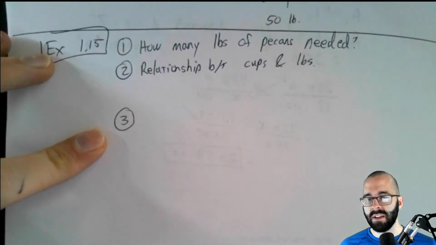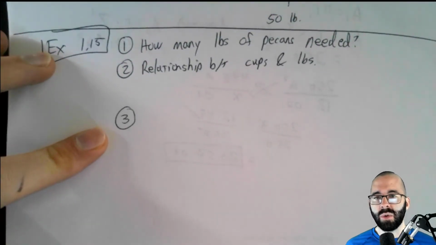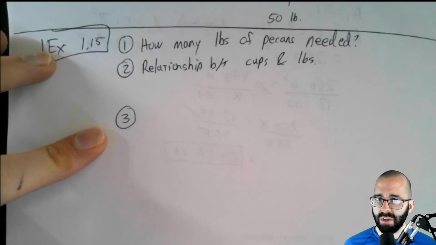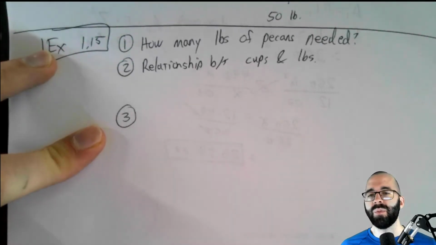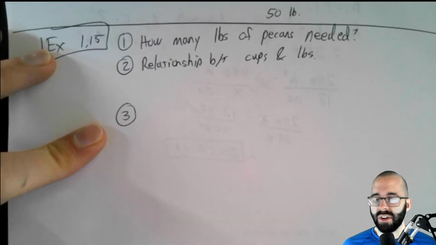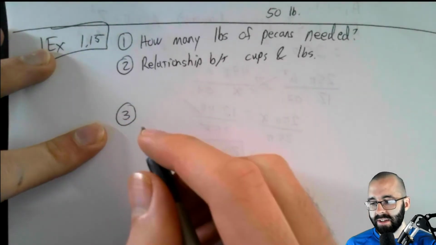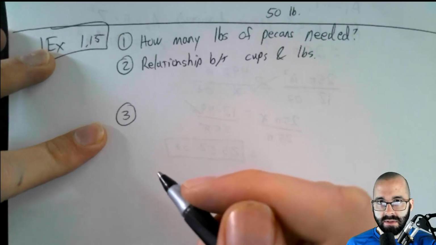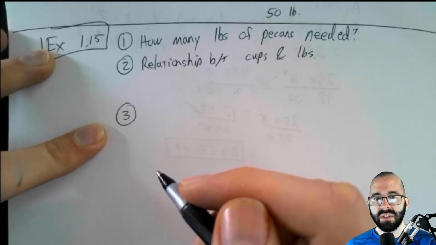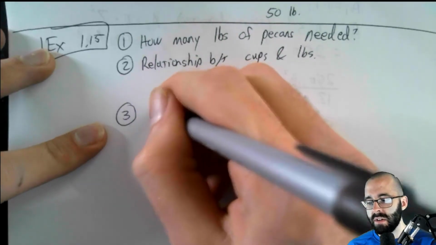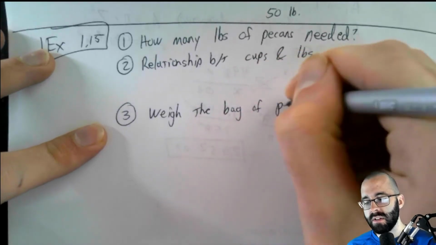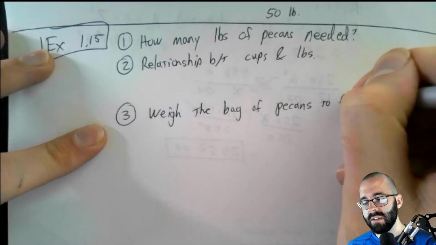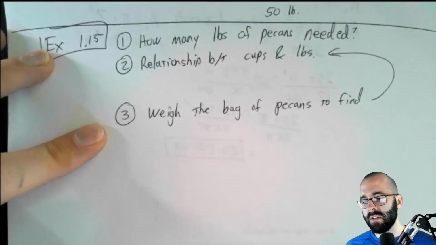Step 3, continue working backwards, creating a solution pathway. We need to figure out what steps we're going to do to solve the problem. So let's think, we have a scale. We don't have a measuring cup. We have a scale, so we can weigh the bag of pecans to find this relationship.